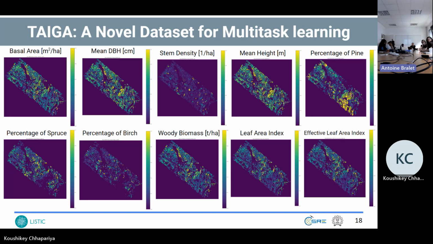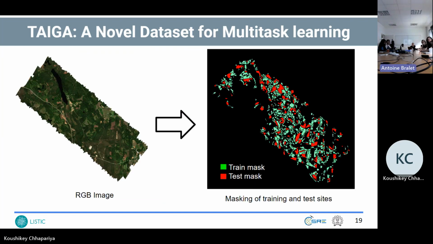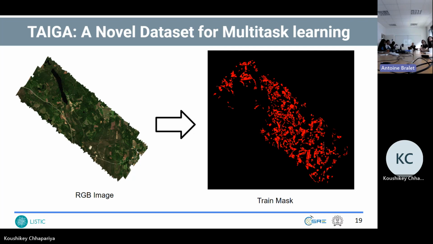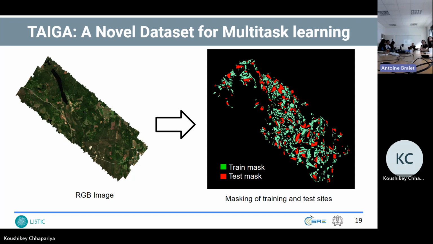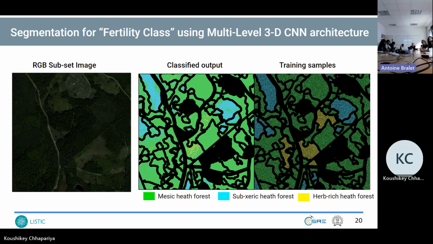Similarly, this is for the continuous data. The first thing we did was splitting it into training and test masks. We make sure that the training and test masks do not coincide with each other. Then I took a section of the data and did the classification using the multi-level 3D CNN model which I showed.